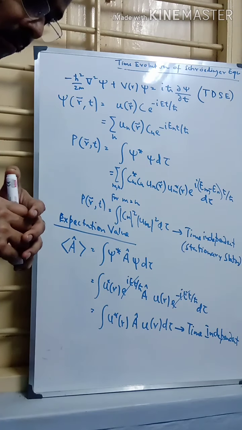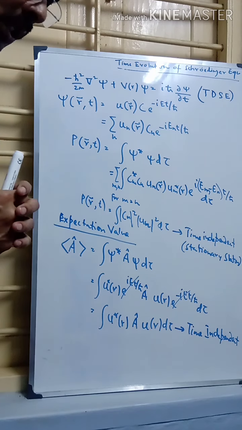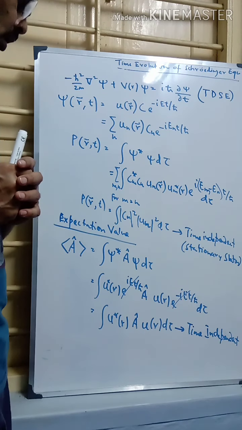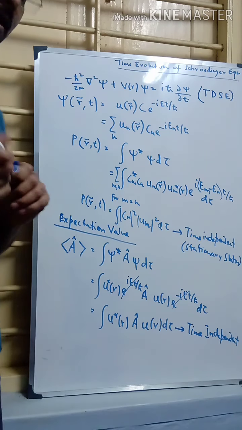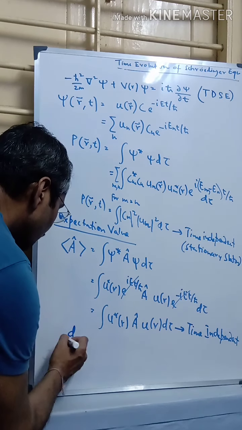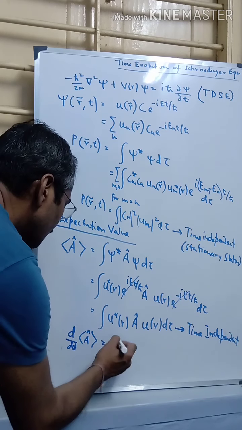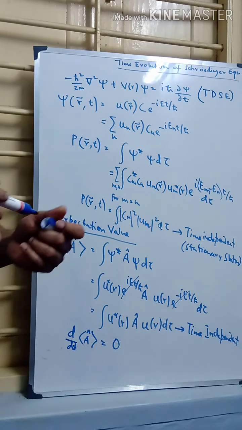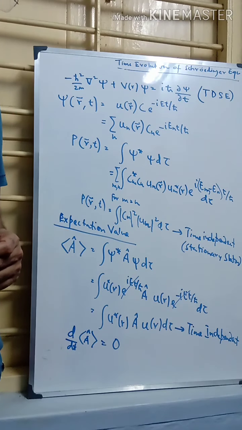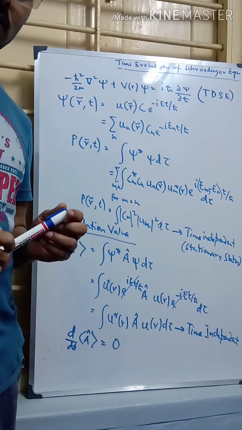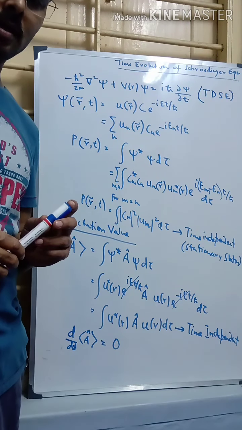So that is the conclusion, that for stationary states the time evolution of the expectation value would be 0. So if one takes d/dt of an operator, then that would be 0. So A is a constant of motion. I hope that is quite clear by now. Thank you.